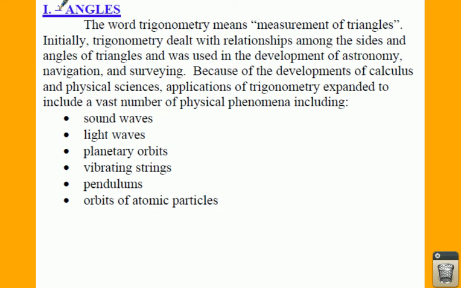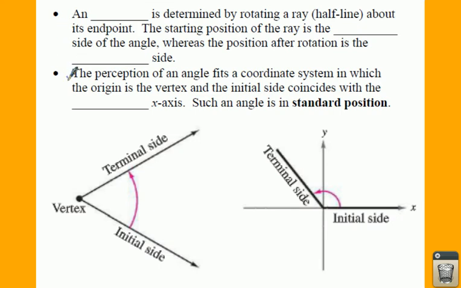So, let's get into a little bit of vocab you need to know. A blank is determined by rotating a ray about its endpoint. That would be an angle. So make sure you fill this in. The starting position of the ray is called your vertex. Some of you may have heard of a vertex once or twice before.